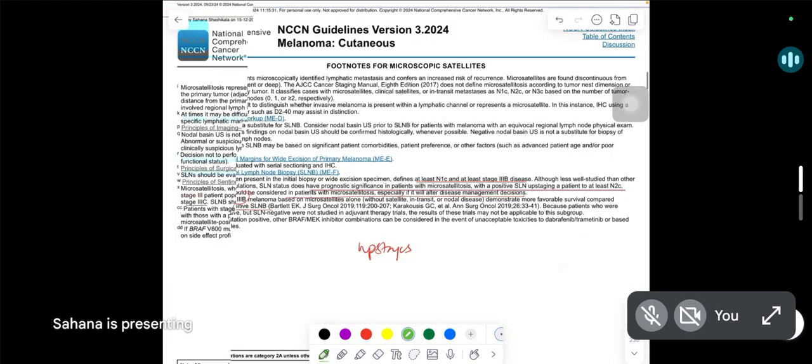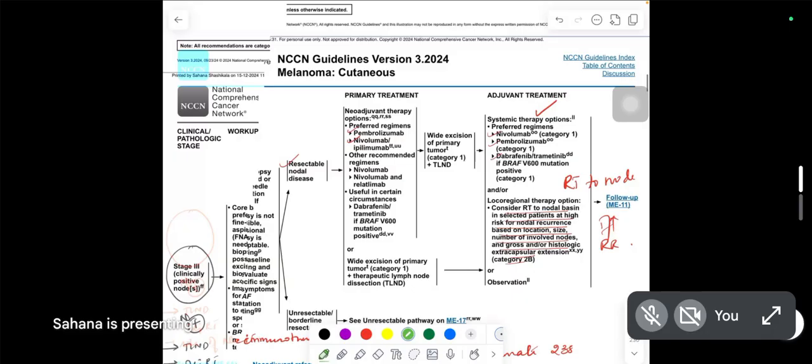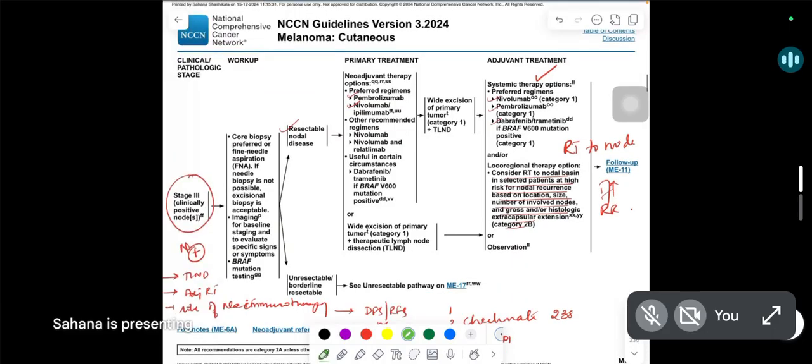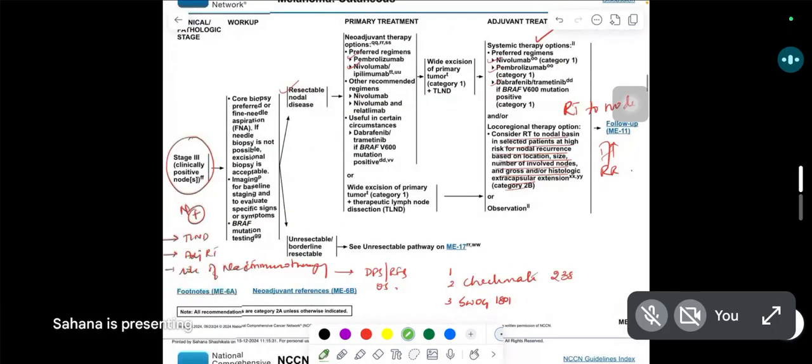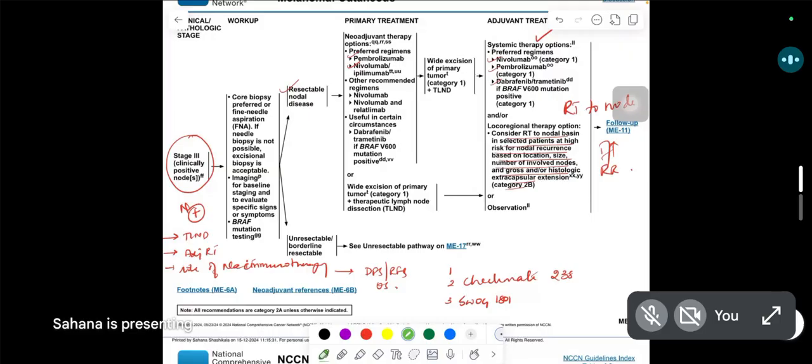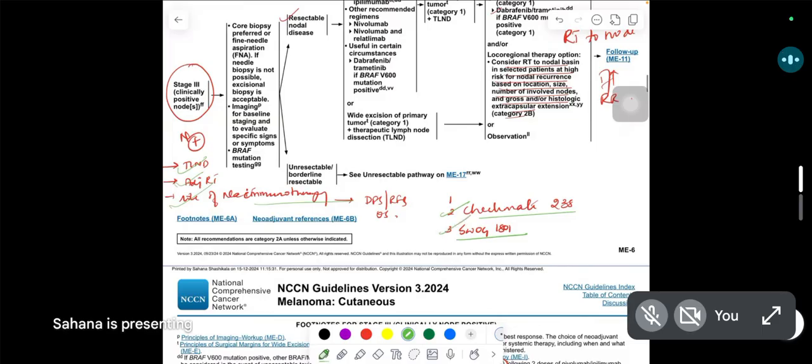So now coming to the question for node positive. Completion lymph node dissection is one option. You can just give adjuvant RT, or there is a role for immunotherapy. So here, CheckMate 238 and SWOG S1801 trials for your adjuvant treatment.